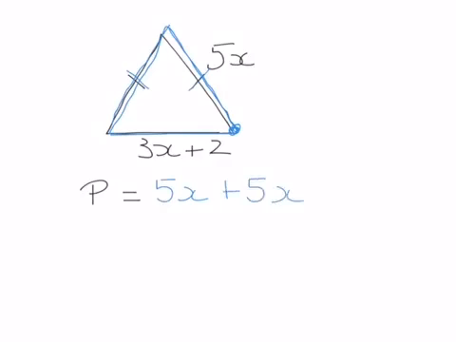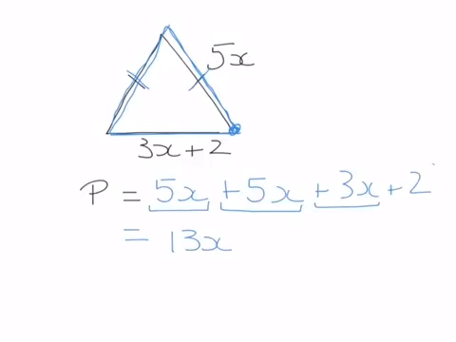Then across the bottom, back to the start, and I have to add on 3x plus 2. Remembering you can only add like terms, so 5x plus 5x plus 3x is 13x. The plus 2 hasn't got an x, so it can't be added to the others, so it's just tagged onto the end. So the perimeter of that shape is 13x plus 2.